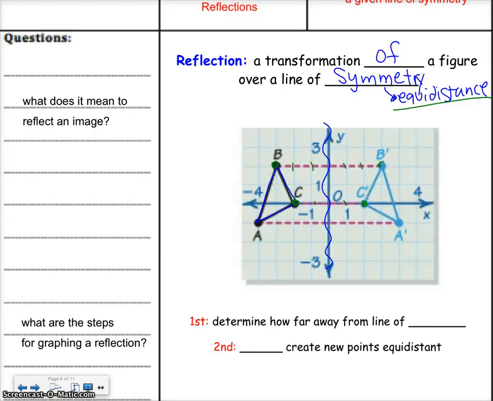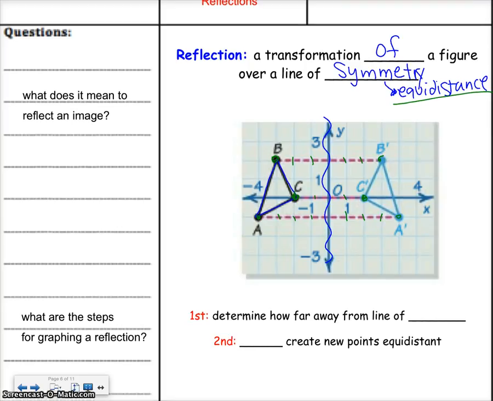And A is 1, 2, 3, and 4 away from the line of symmetry, so you got that right. A prime is also going to be 4 away from the line of symmetry. And hopefully you can envision what would go right through the middle to create that line of symmetry.